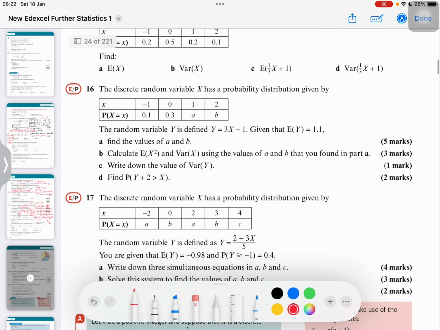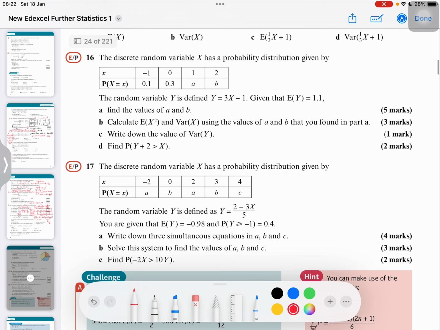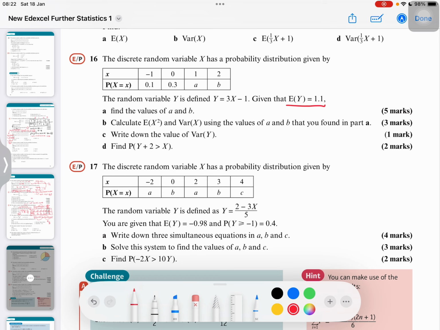And number 16. Random variable y is defined like this. Then y is 1.1, so E(Y) is 3E(X) minus 1. We know the expectation of x is 0.7.